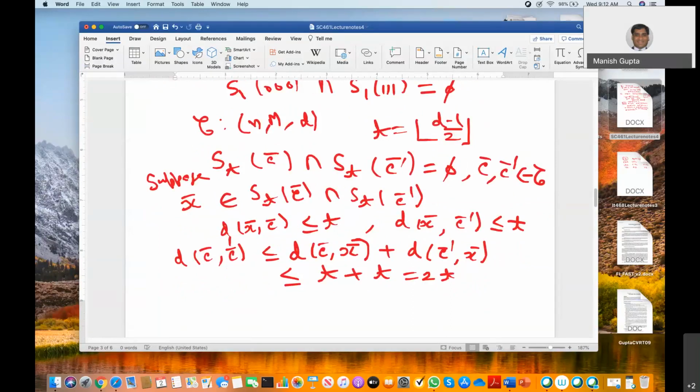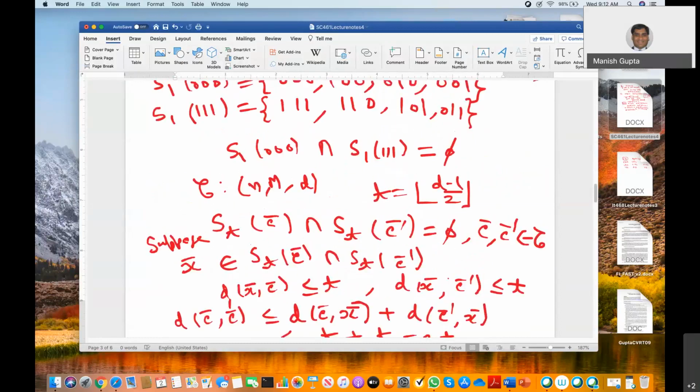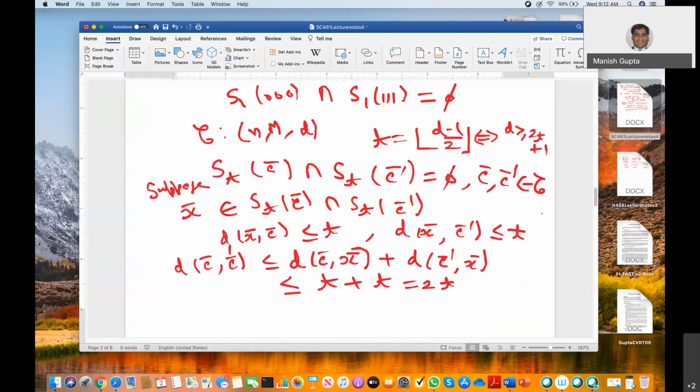Now we know that t is at most the integer part of (d minus 1) by 2, so the distance is at least 2t plus 1. This condition we know. So that means the minimum distance of any two code words has to be at least 2t plus 1.